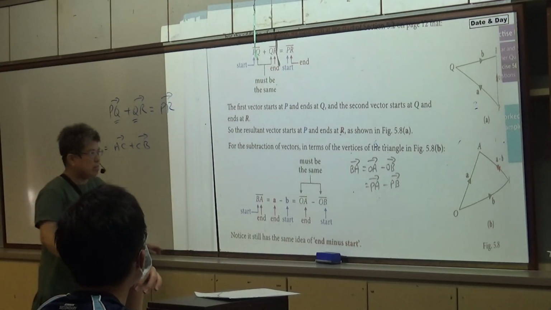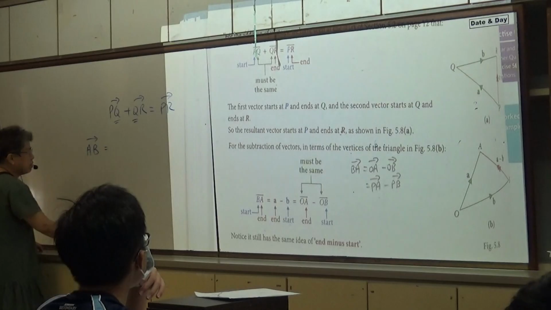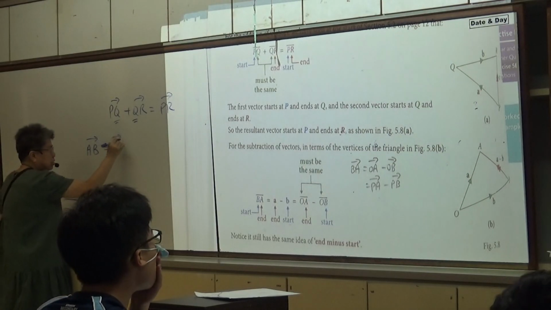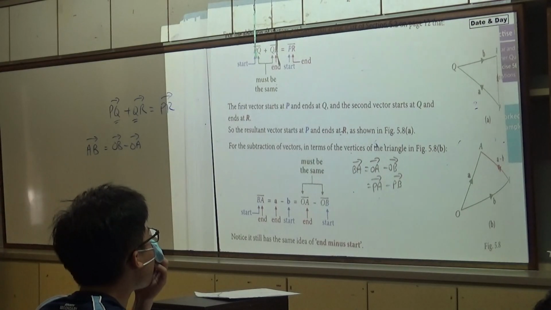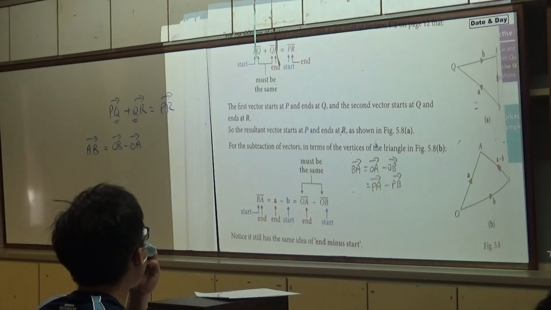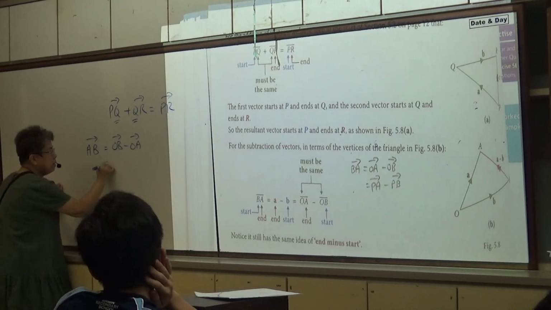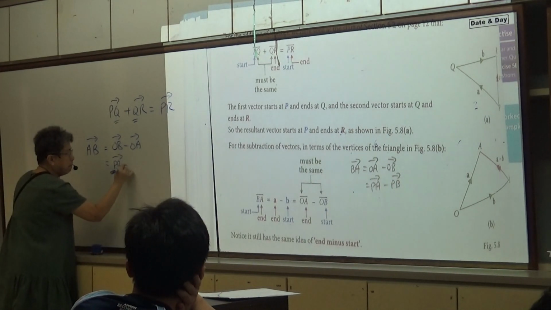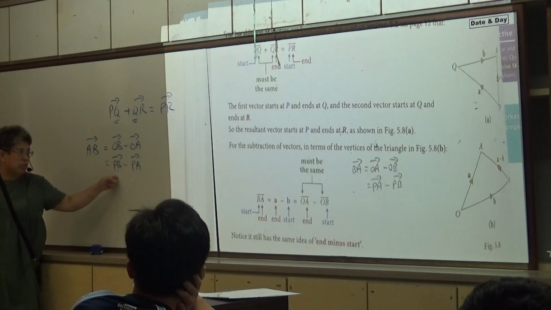Now, if I want to write it in terms of minus, it should be OB minus OA. This one minus this one. Understand? Now, the point need not be O. That means the origin is the same.